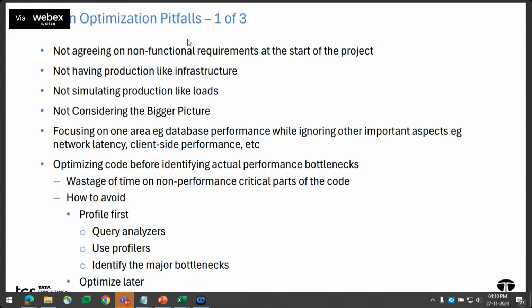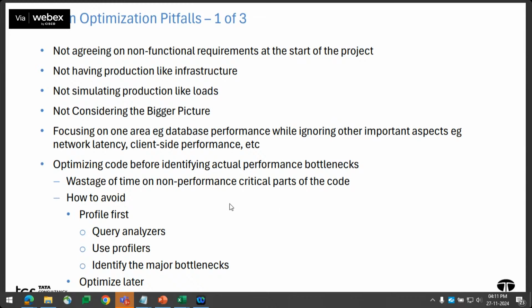by also identifying which are the functionalities that will be heavily used by the users, and then put the right amount of load on those components, and then identify the bottlenecks where the application is going to fail.